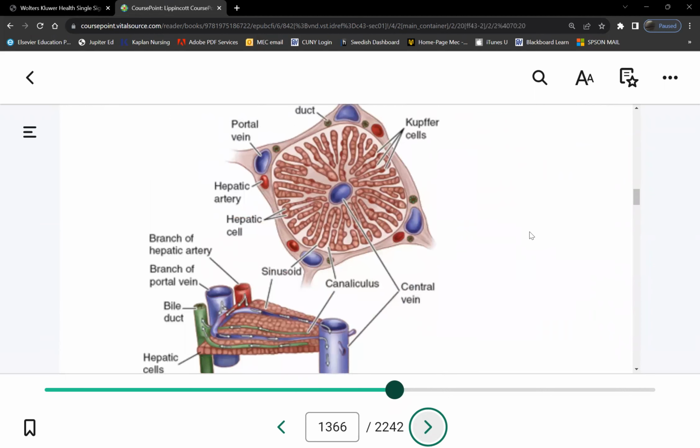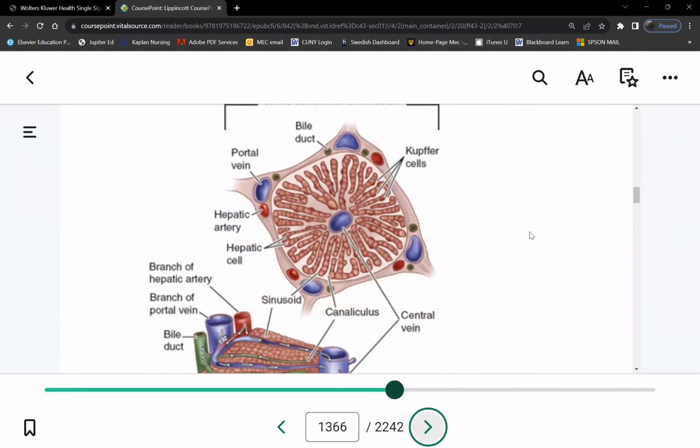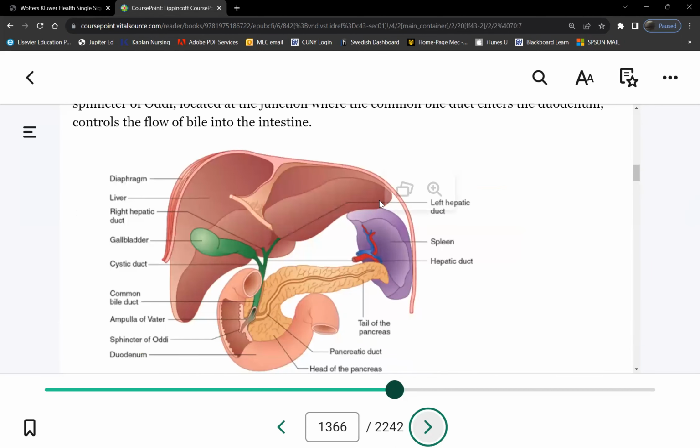So here are your hepatocytes. The good thing, which is kind of a bad thing also, is the liver cells are very, very resilient. Meaning this organ here, this is the size of the organ, right? Even if you only have a small percentage, let's say 5% left, they will function.